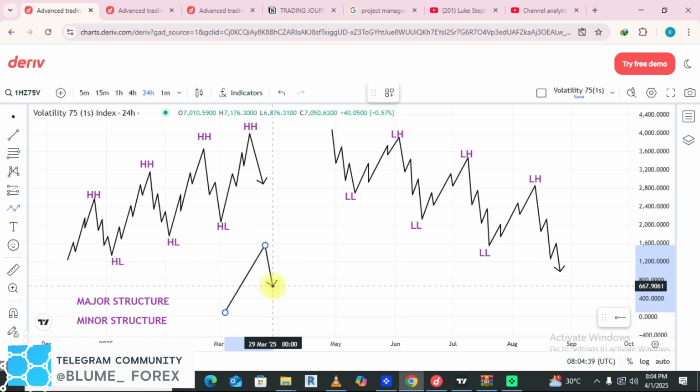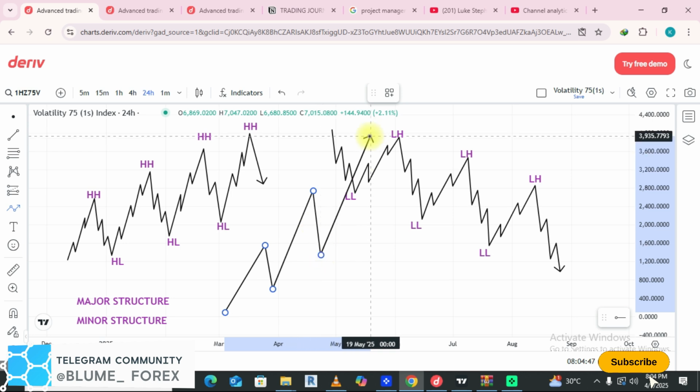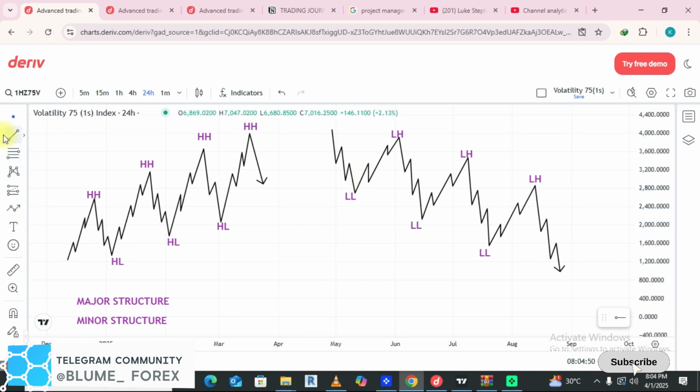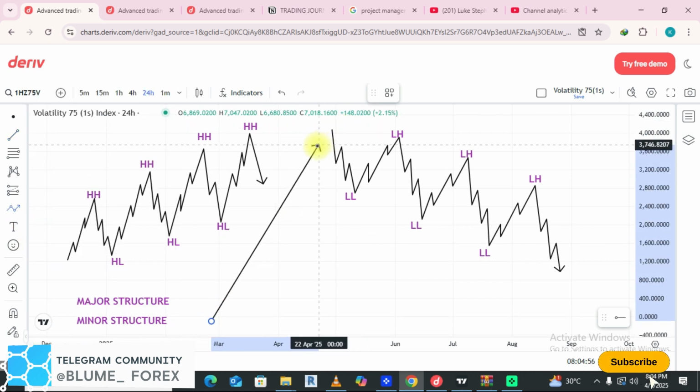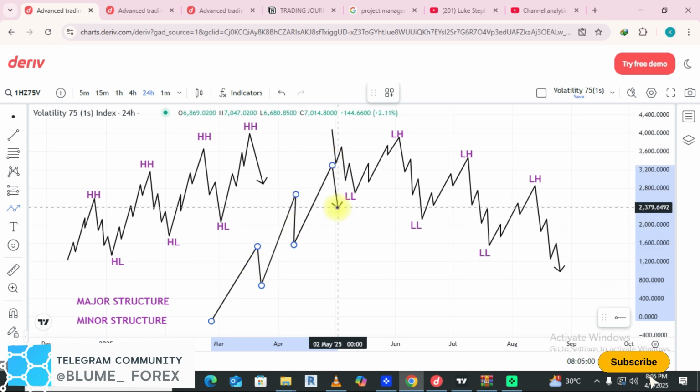So when price is moving in an uptrend, it will take a break, exhaust, continue, exhaust, continue. The market doesn't push straight away. In an uptrend, it's not going to just push up. It's going to move, exhaust, move, and exhaust.